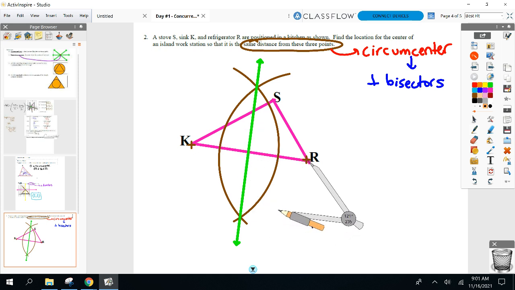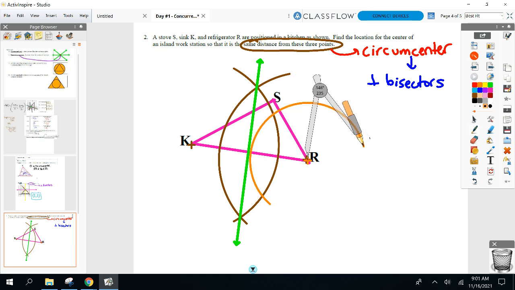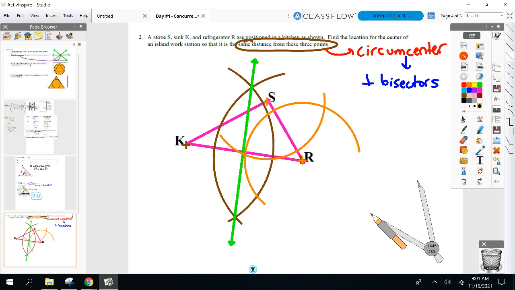Yep, you're going to have a lot of arc marks here. We've got to deal with it. Doesn't matter what sides we picked. We should all have the same circumcenter.